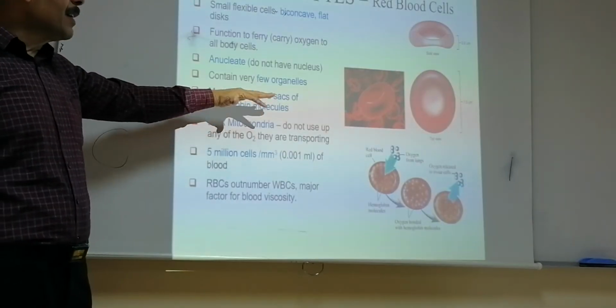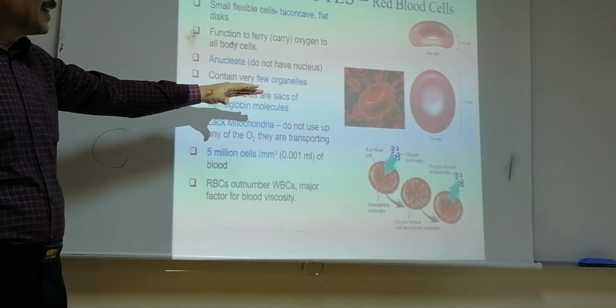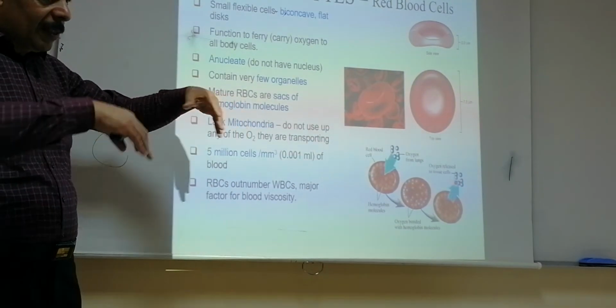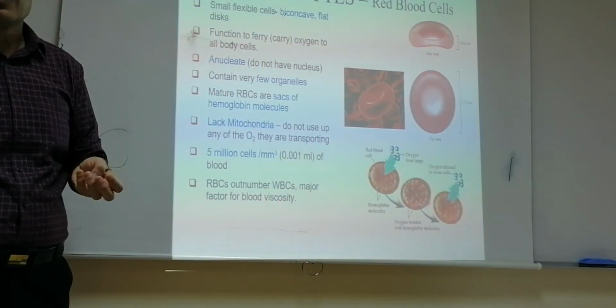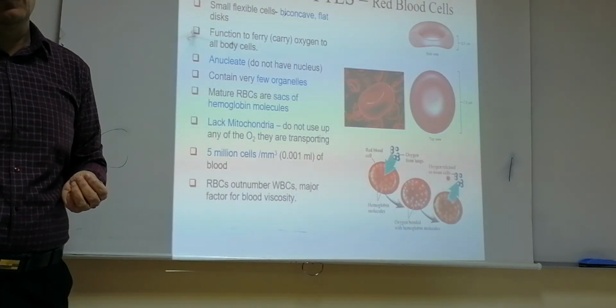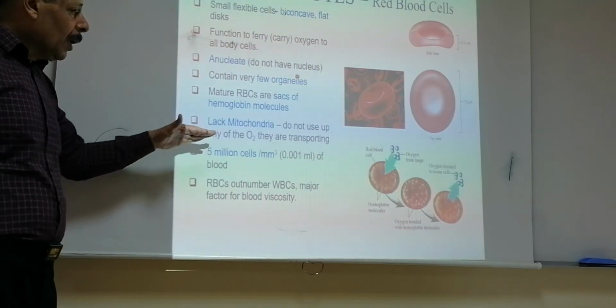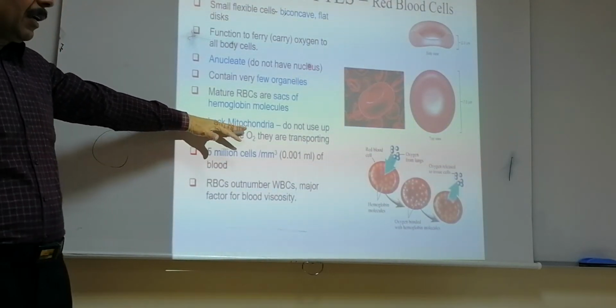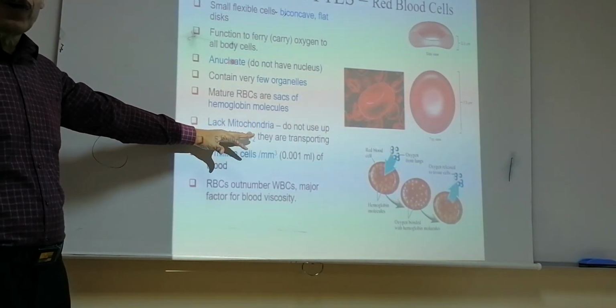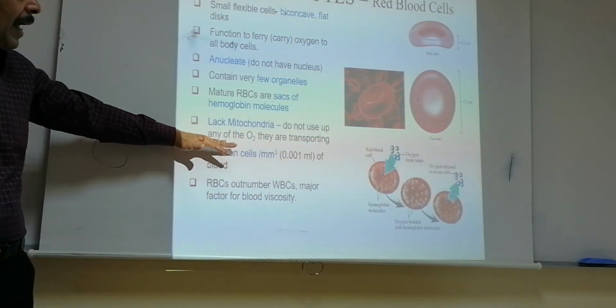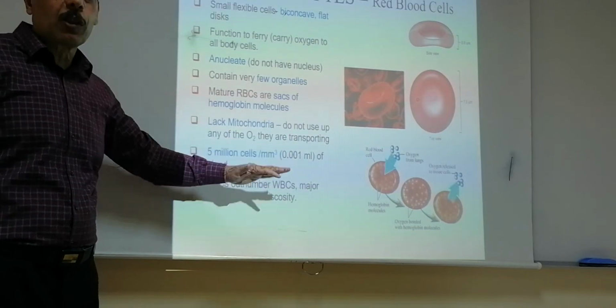Red blood cells are sacs of hemoglobin. So it's like a sac containing mostly only hemoglobin. As we said, there is no mitochondria, and lack of mitochondria means they do not use up any of the oxygen that they transport.